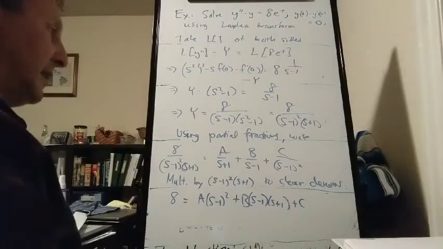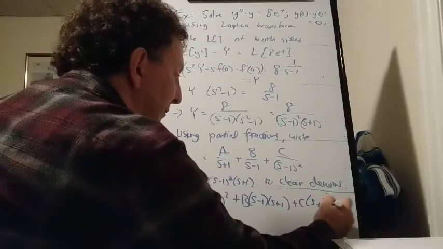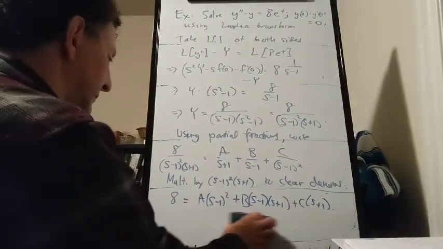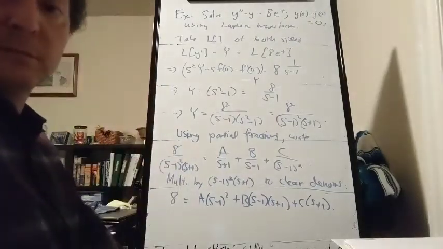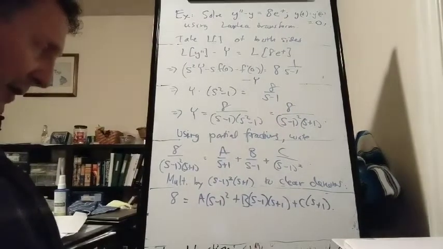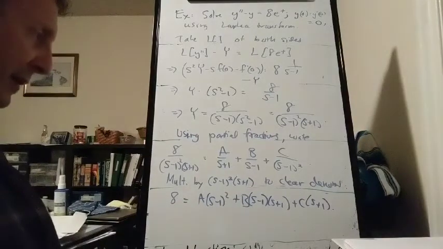And then C, s minus 1 squared is going to cancel that, and we have s plus 1. Alright, there's two obvious numbers we can plug in to make parts of the expression on the right go away. That's s equals 1 and s equals negative 1.